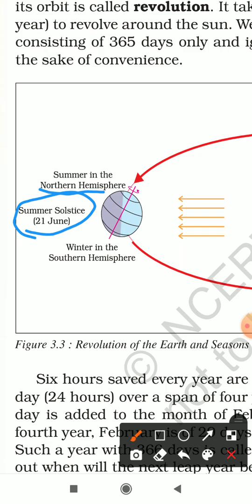Since we live in India, and the region in which we live falls in the northern hemisphere, we can understand this very easily. During the summer season, the days are longer and the nights are short. But when we have summers in our country, the countries which fall in the southern hemisphere, for example Australia and New Zealand, are experiencing winter.